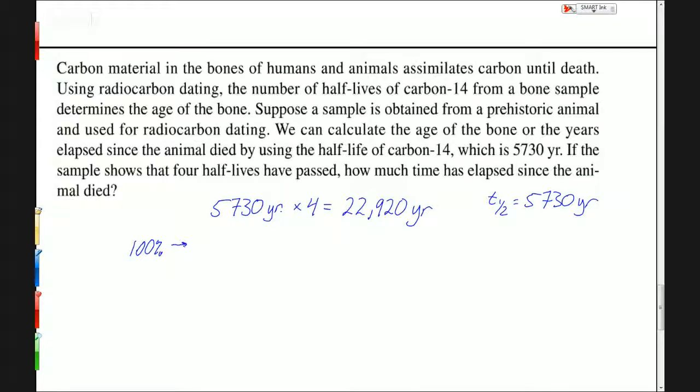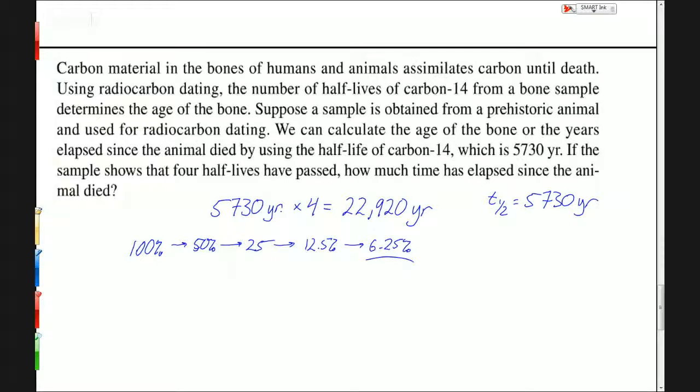After 1 half-life, it's at 50%. 2 half-lives is at 25%. 3 half-lives, it's at 12.5%. 4 half-lives, it's 6.25%. So you'd analyze the sample and say, okay, this has about 6% of the carbon-14 that it would have when it died. And so we know it's been 4 half-lives, or about 22,920 years.